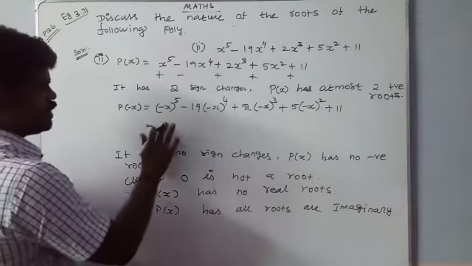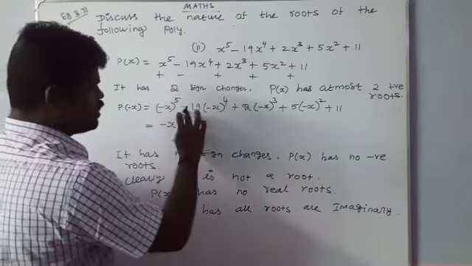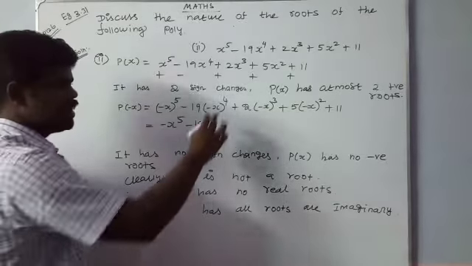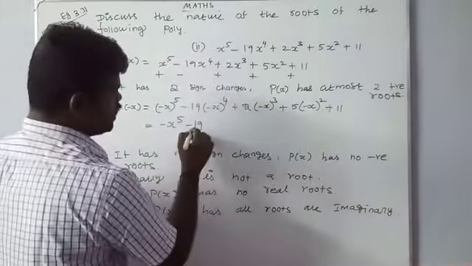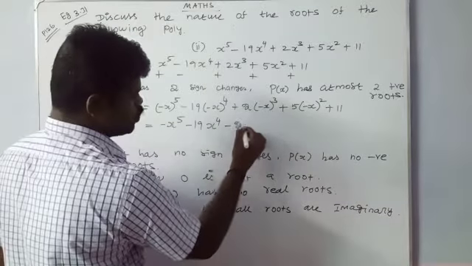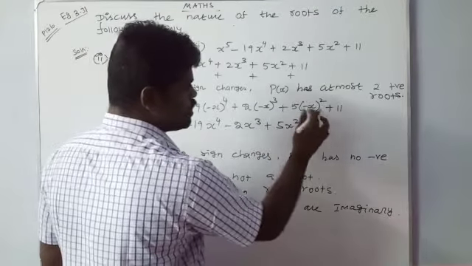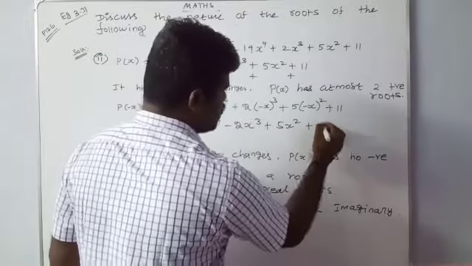What are the values here? Minus x power 5, and minus 19 times negative power 4; because it is an even power, the negative becomes positive, so minus 19x power 4. And this is minus 2x cubed, and plus 5x squared because minus x whole square is x squared, plus 11.